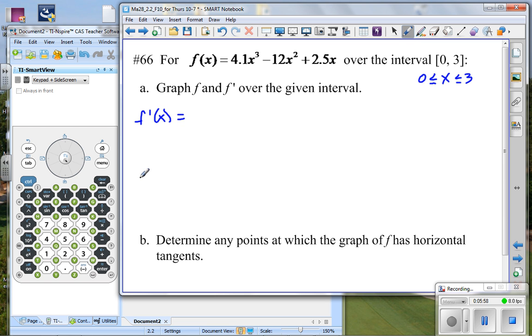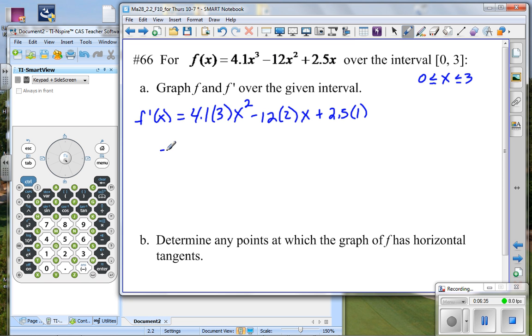And again, we're practicing that for this section. So let's see, we've got the coefficient times the exponent, and subtract 1 from the exponents, that'd be squared, minus 12 times 2, subtract 1 from the exponent, would be 2 minus 1, or 1, plus 2.5 times 1, because the exponent is 1, subtract 1 from the exponent, that'd be x to the 1 minus 1, or x to the 0, or simply 1.